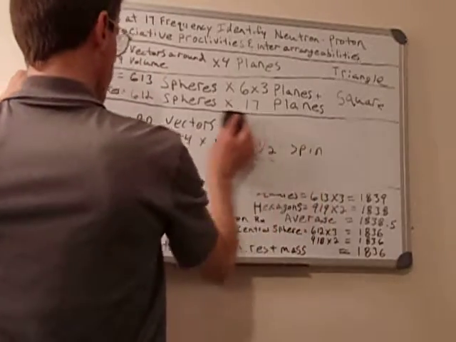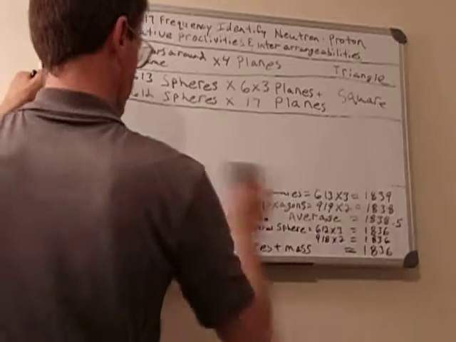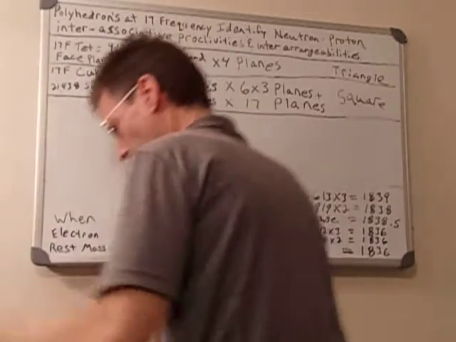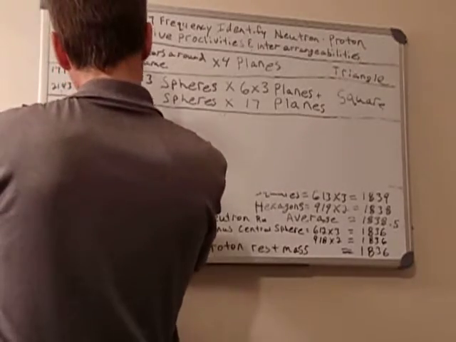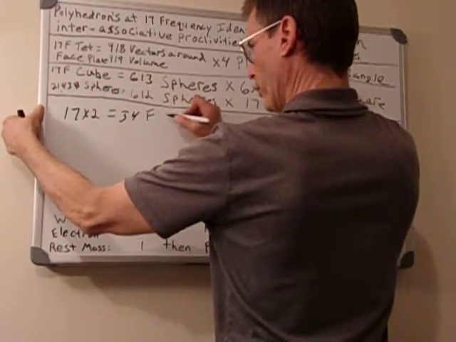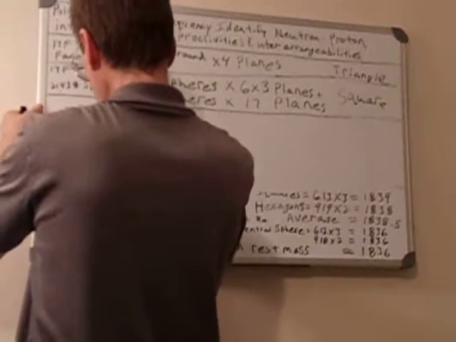And I'm going to go over once again what happens then in not that 17 frequency vector equilibrium, which we just were looking at, but in its next measure, 17 times 2 equals 34 frequency vector equilibrium, which is also called the cuboctahedron.